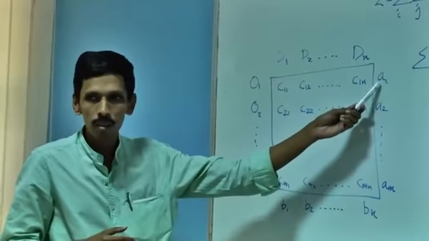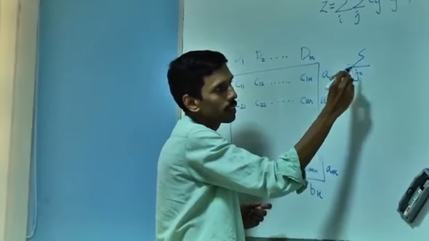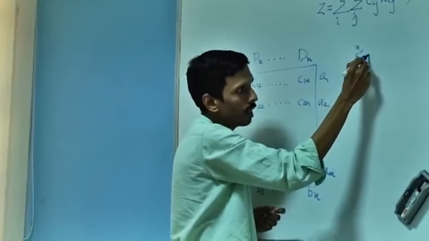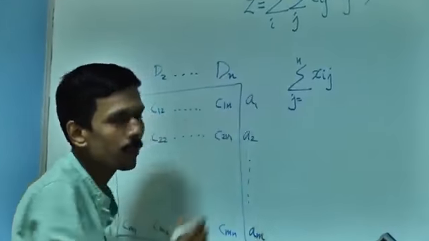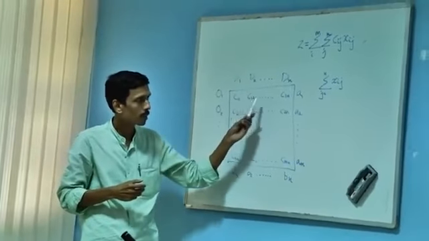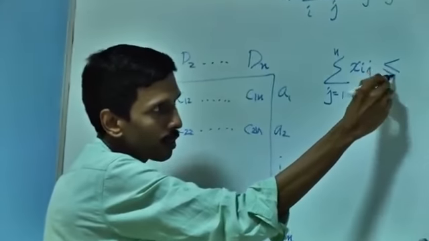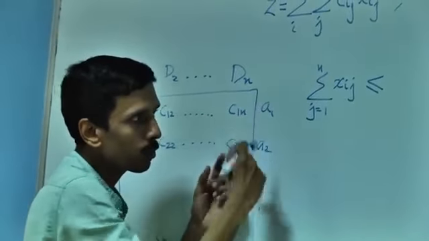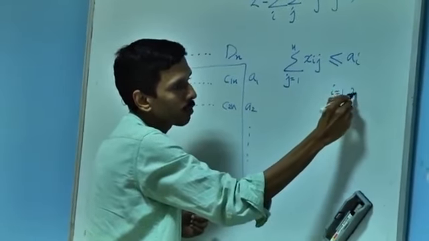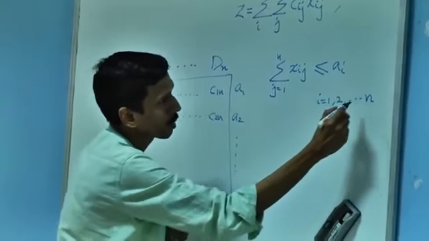For the first row of the transportation matrix, we can write the summation over j equal to 1 to n of Xij. Xij is the total quantity transported from O1, right? It should be less than or equal to A1 for the first row. Therefore, generally it will be Ai, i equal to 1 to m.